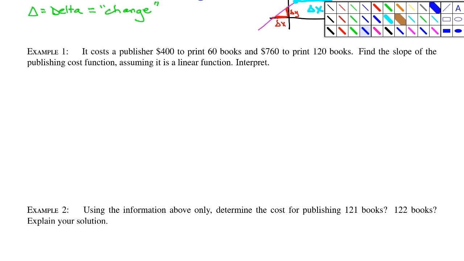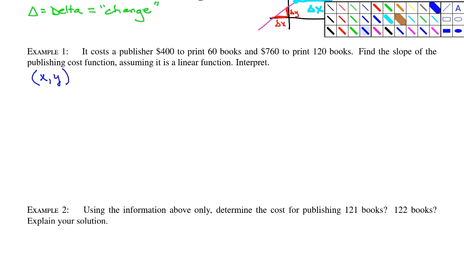Example number 1. It cost a publisher $400 to print 60 books and $760 to print 120 books. Find the slope of the publishing cost function, assuming it is a linear function, and then interpret. So first thing we want to do is get some ordered pairs here.